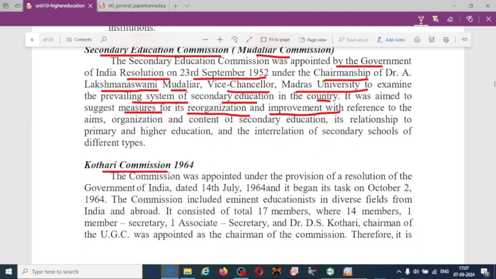So Kothari Commission, 1964, appointed under the provision of resolution of Government of India on 14th July 1964. It began its task on October 2nd 1964. The commission included eminent educationalists in diverse fields from India and abroad.